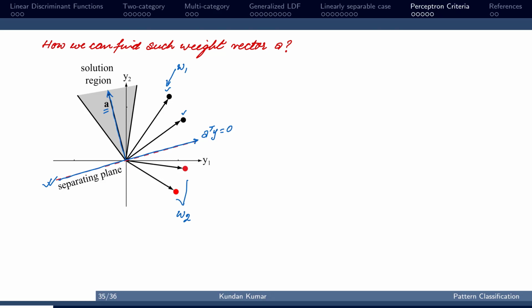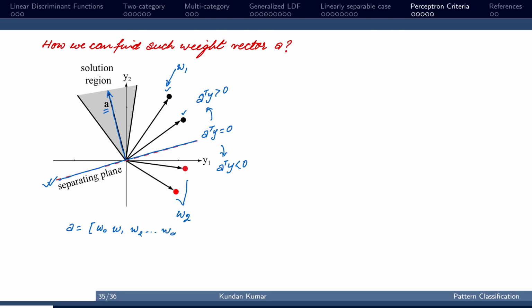On this side A transpose y is greater than 0, and on this side of the separating plane A transpose y is less than 0, where A is our weight vector w0, w1, w2 up to wd.